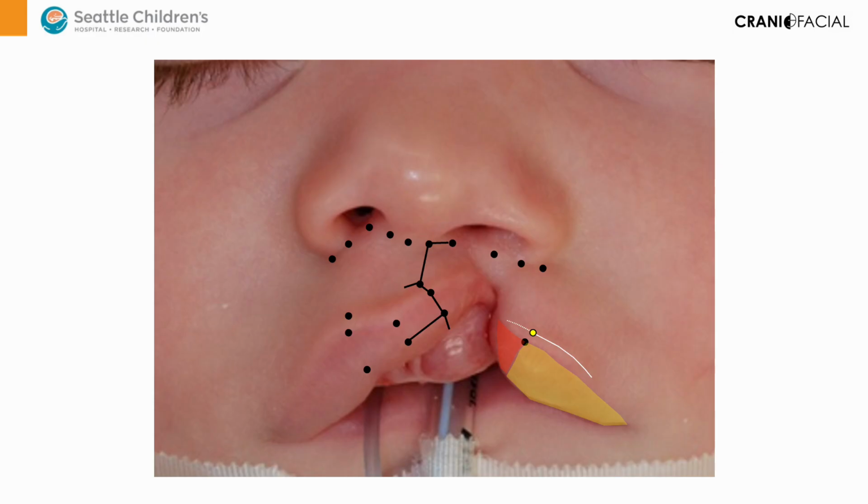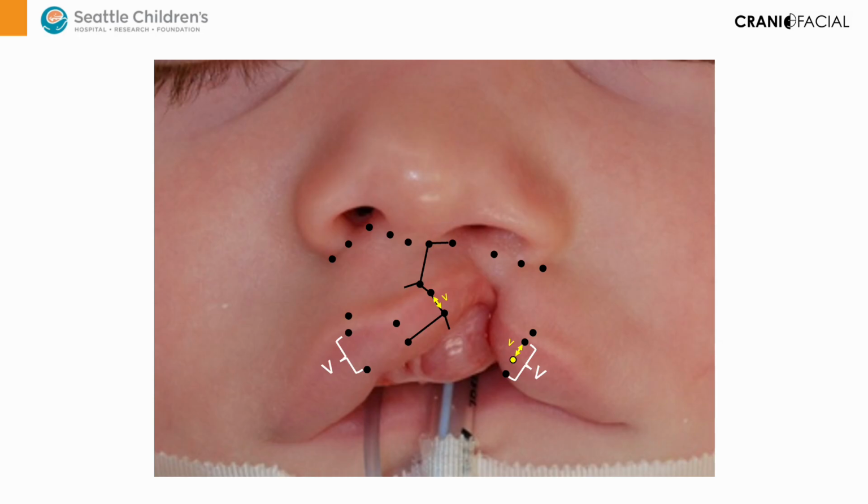So we identify corresponding landmarks above the cutaneous roll, as well as along the red line, the wet-dry junction. And what's interesting is that if you look at the height of the vermilion at Nordhoff point and compare it to the height at the non-cleft Cupid's bow peak, those heights are very similar.